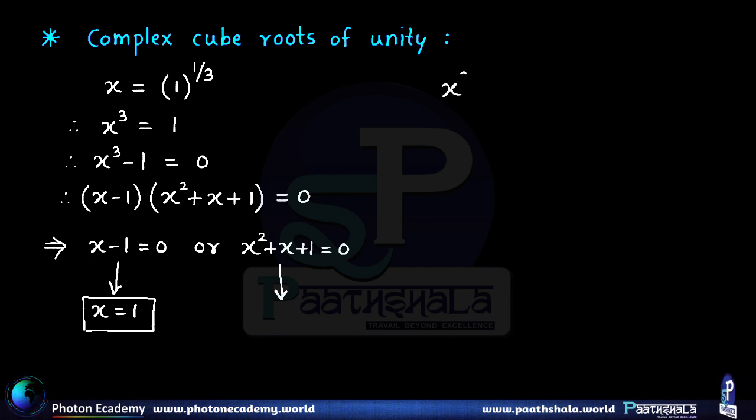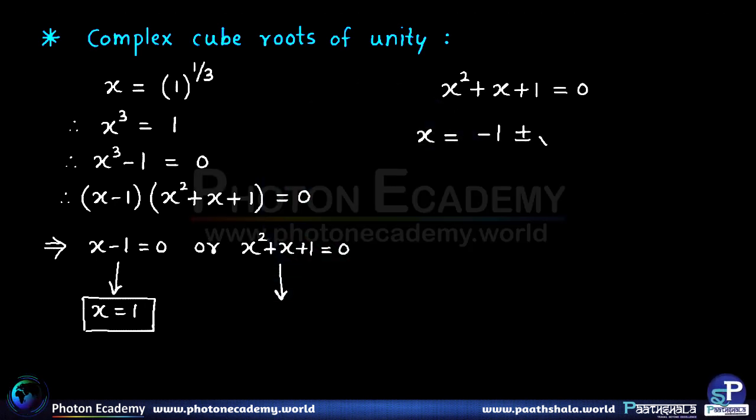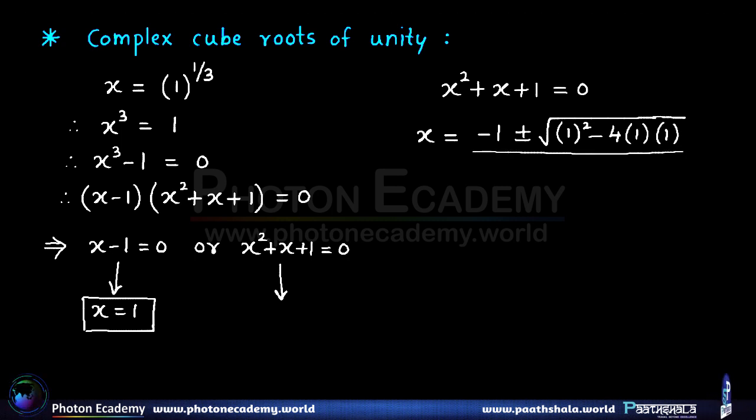So if we consider x square plus x plus 1 equal to 0, by the formula we have x is nothing but minus 1 plus or minus the square root of b square, that is 1 square, minus 4 into 1 into 1, that is b square minus 4ac, whole upon 2a, which is 2.